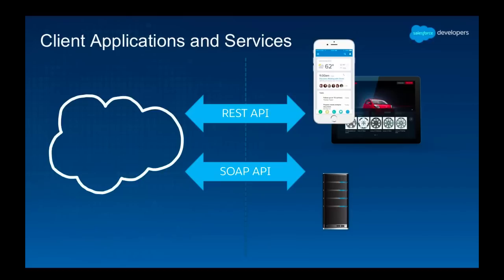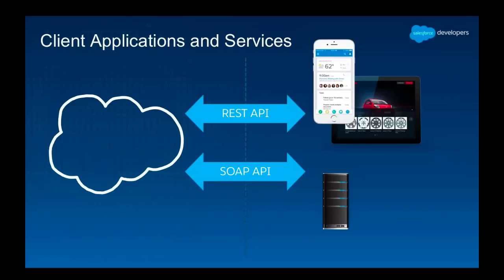The SOAP API is much more venerable, shall we say. It's been around for probably 12, 13 years now. It is a SOAP-based API, so much more complex, but you do have things like WSDL tools to help you generate subclasses and that sort of thing.